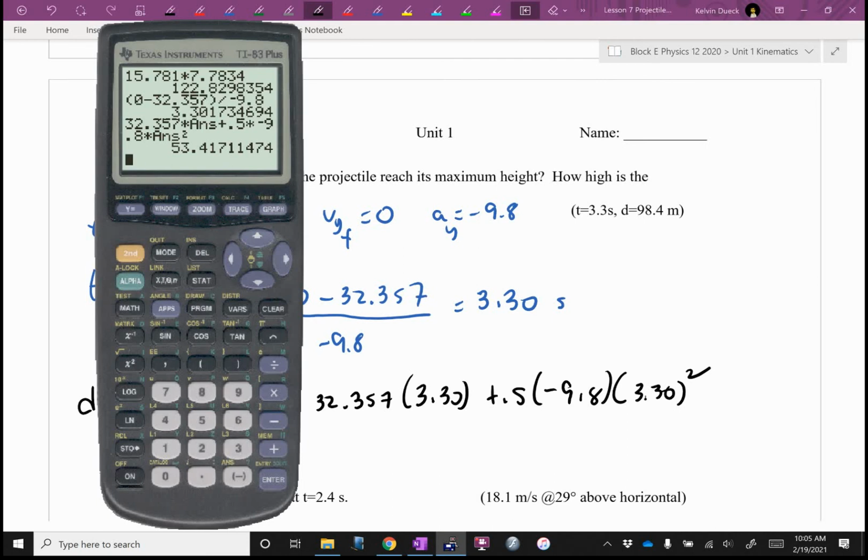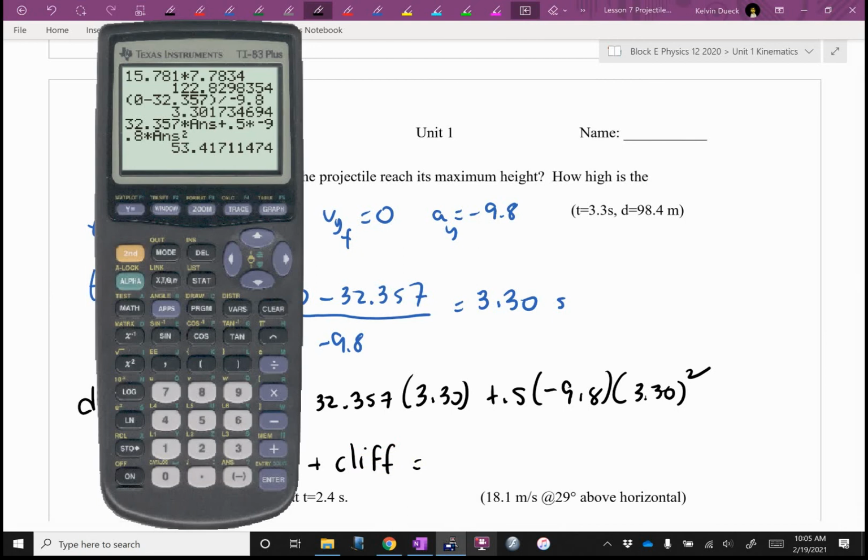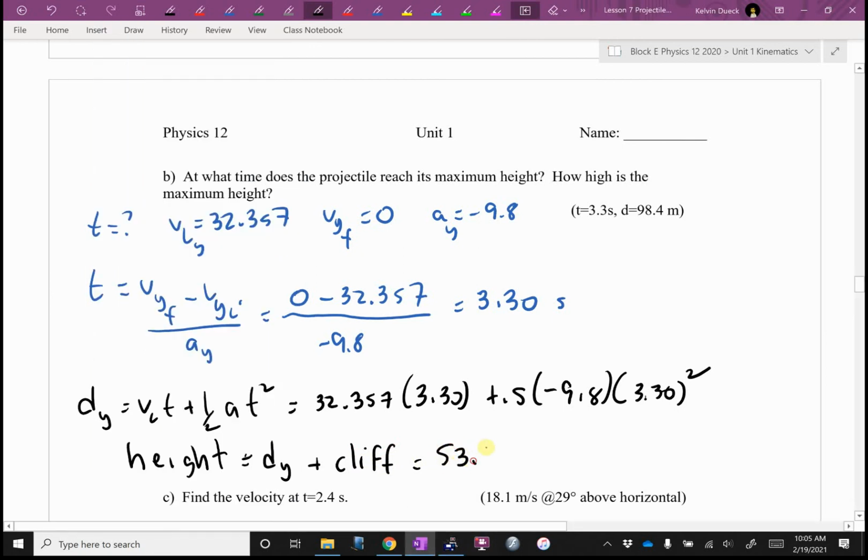No. So the height is going to be dy plus the cliff. It's going to be 53.4 plus, how high was the cliff? 45? So we're 98.4 meters above the ground, which is where we measure stuff from.